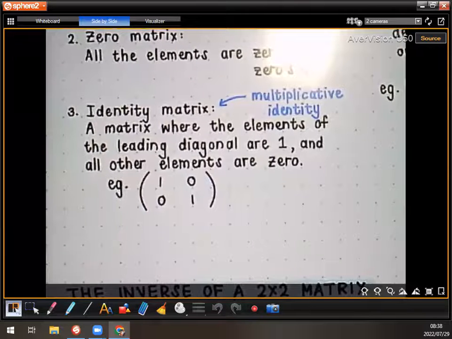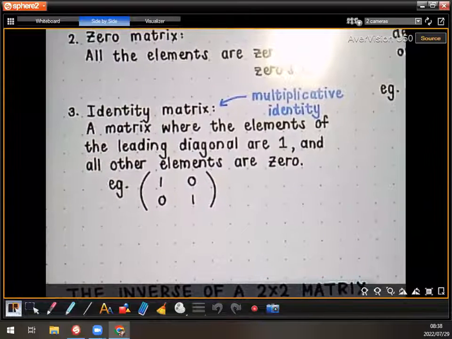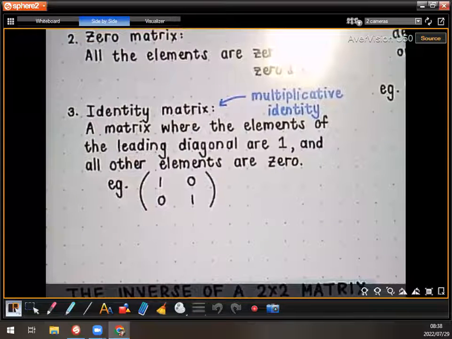Remember in numbers, 1 is the multiplicative identity. So what that means is if you take any number and you multiply it by 1, what is your answer? The same number, right? So the number 1 is what we call the multiplicative identity.